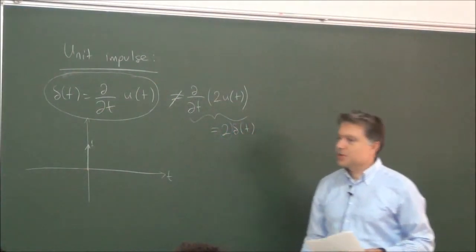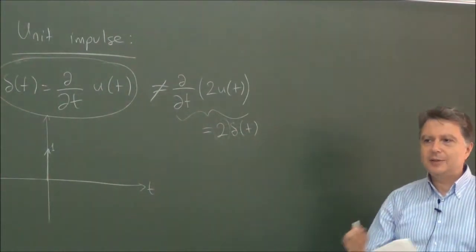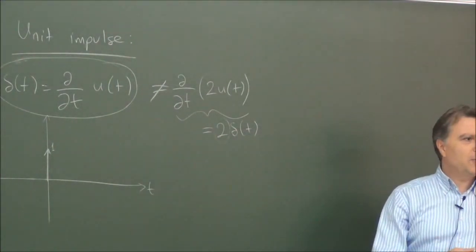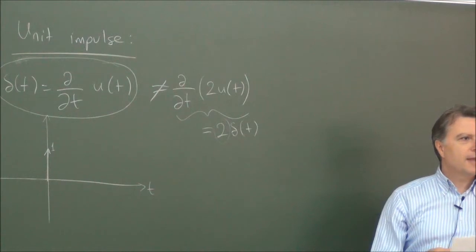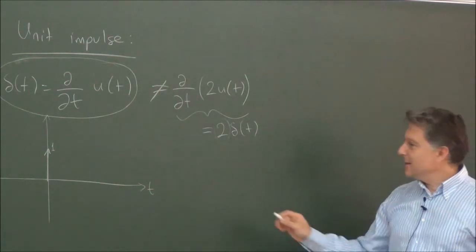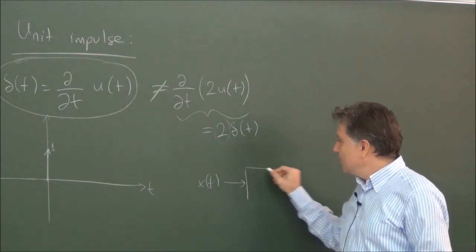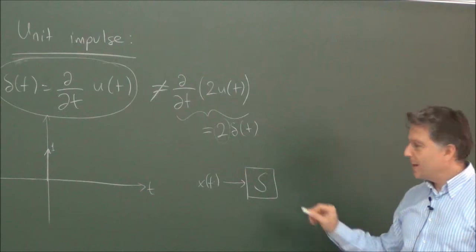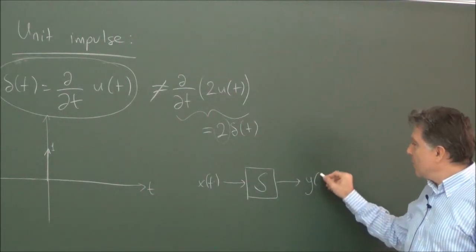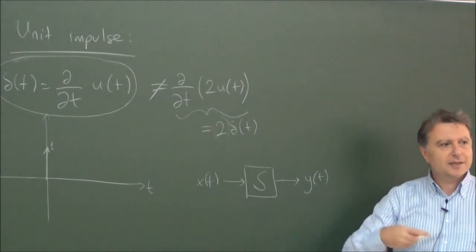of this expression. Let's try to express a unit step in terms of a unit impulse. Can we do that? I'm giving you this definition. It's something like this. The input comes into a system, and the output goes on, and the system is taking the derivative of the input.